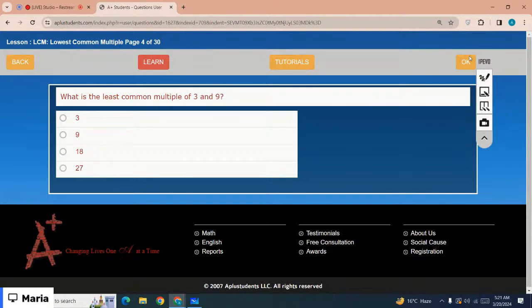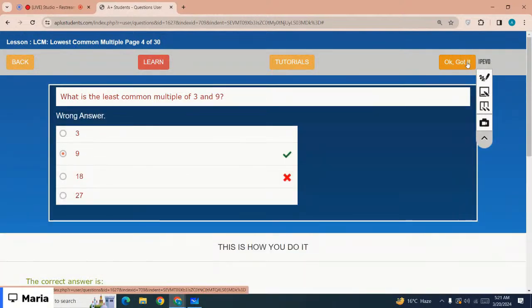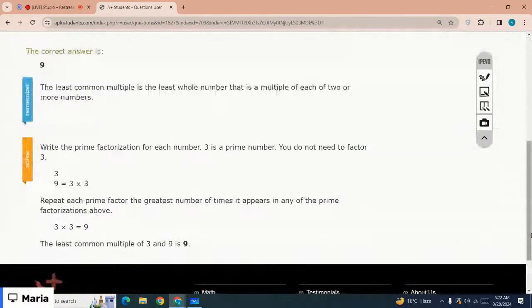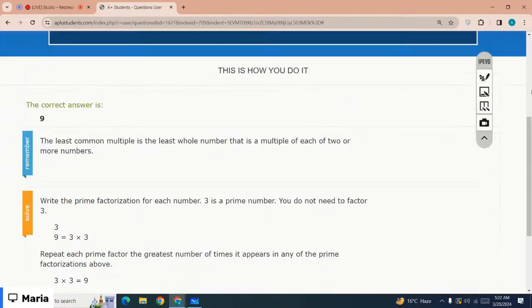The correct option is 9. Yes, 3 times 3 is a common multiple, and yes, the correct option is 9.